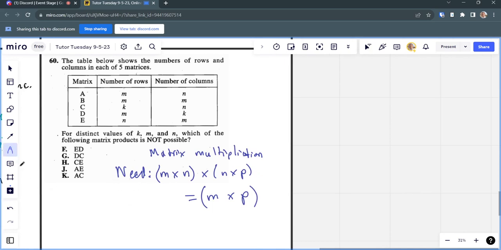So let me label that a little bit better. This is the number of rows, and this is the number of columns. And basically what that means for matrices is that the number of columns in the first one has to equal the number of rows in the second one.